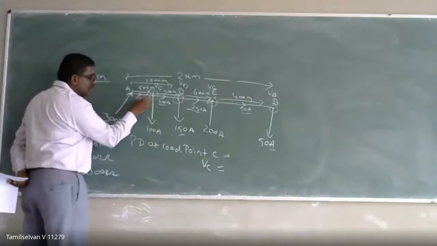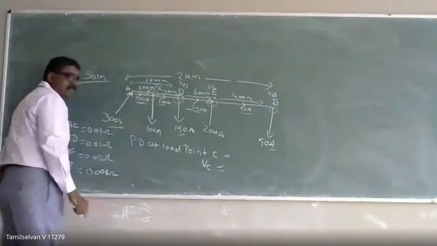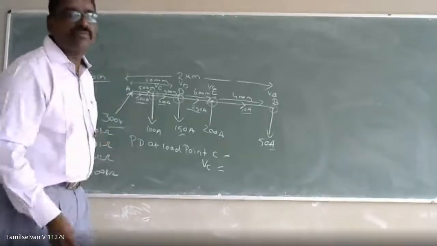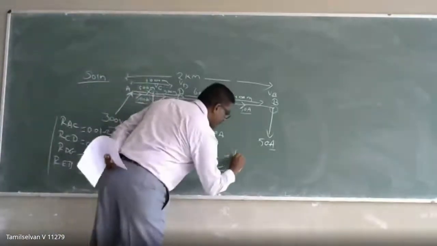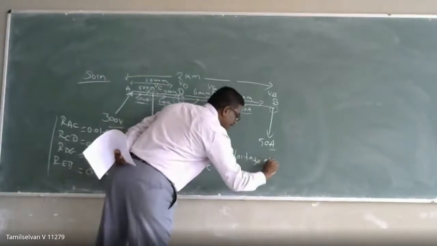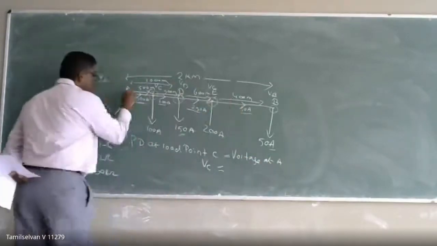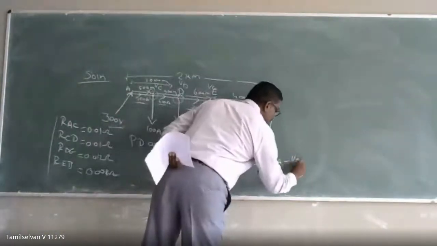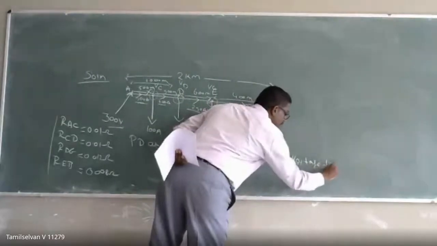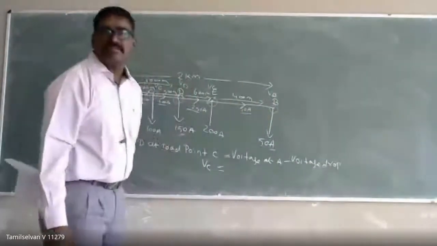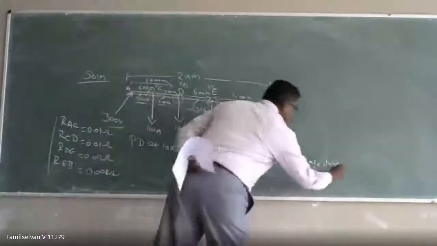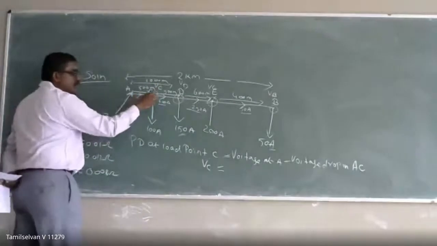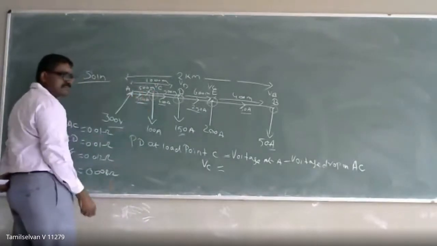If I subtract the drop, that is the potential at my C point. So the potential at load point C is equal to the voltage at A minus the voltage drop in section AC.